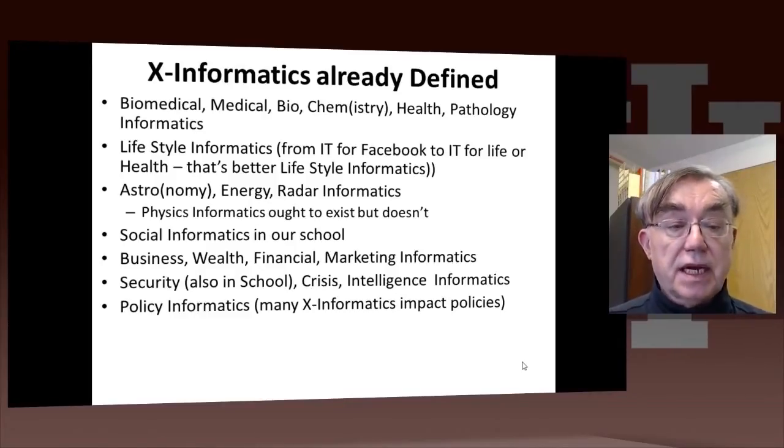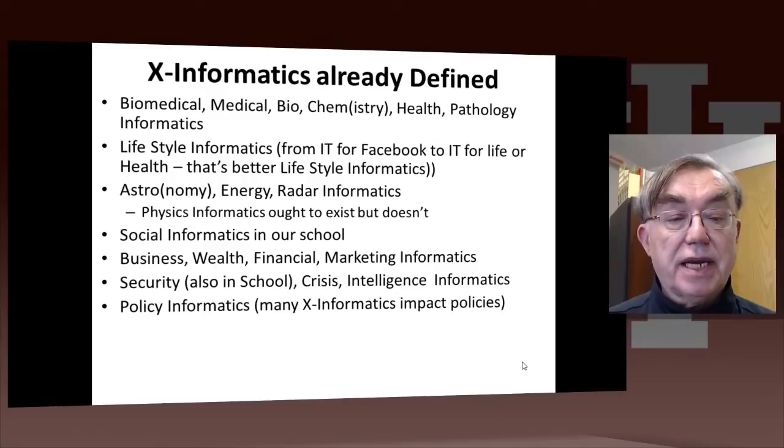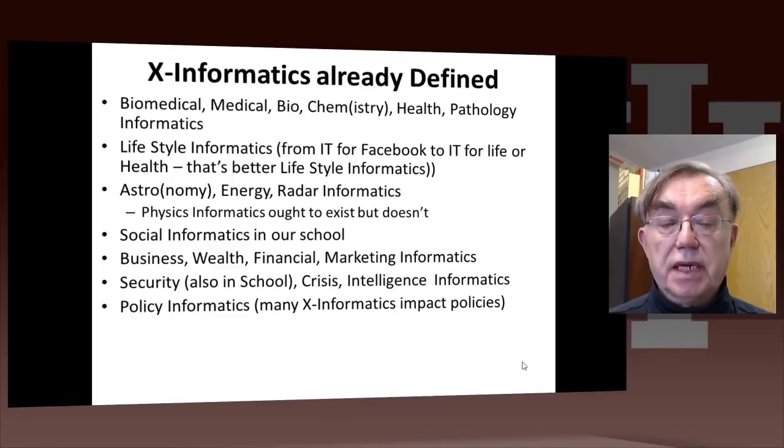An interesting area is lifestyle informatics, which, at least if you had the connotation it was better lifestyle, would be sort of related to health informatics. But more generally, you could say it's just informatics devoted to enabling our lifestyle, which would actually correspond to the technology to enable data processing in Facebook and similar applications.